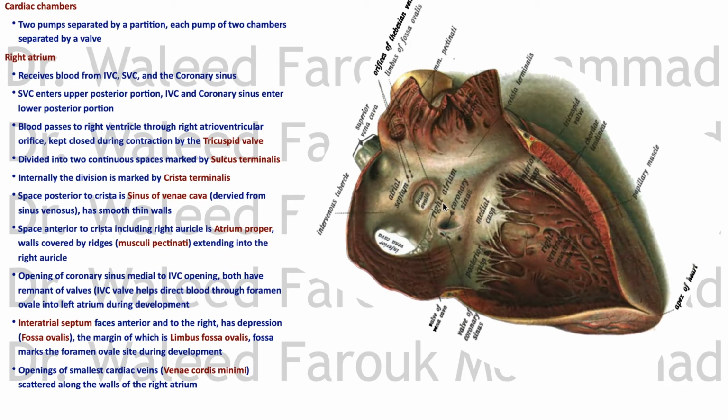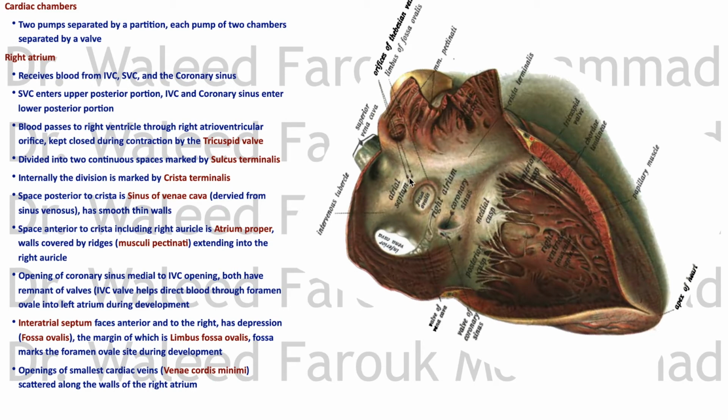One of the changes is the closure of the fossa ovalis. It's not actually a hole; it's a valve-like piece that opens whenever blood pushes on it and goes to the left side of the heart.